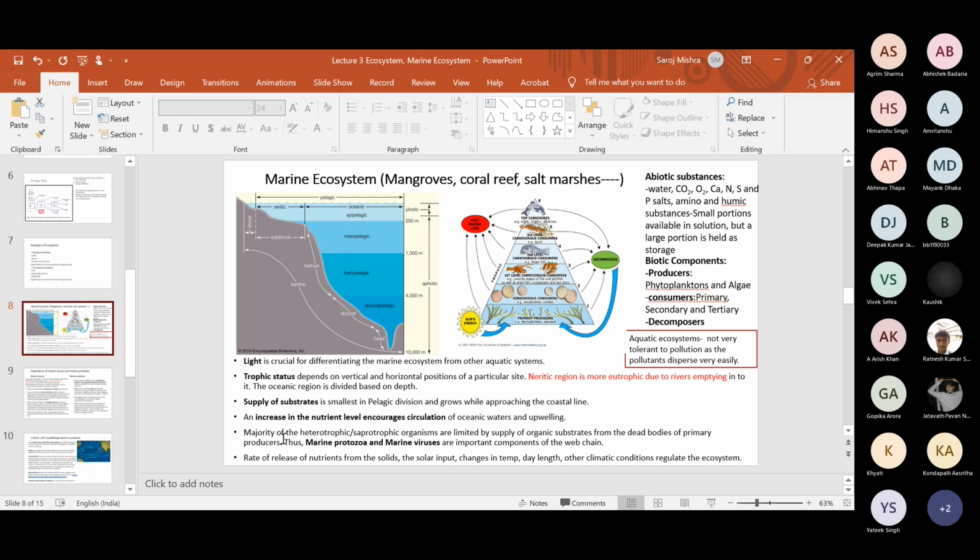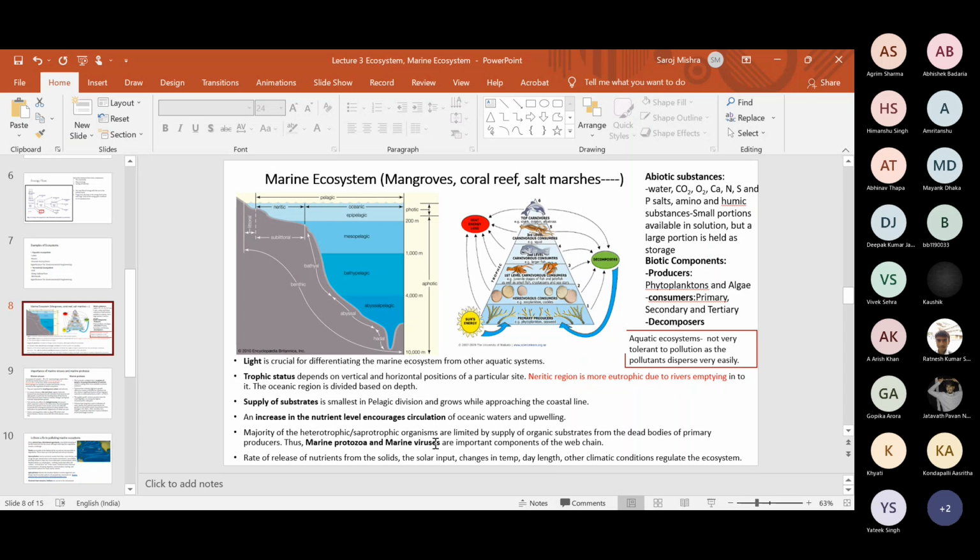So in the marine ecosystem there are protozoa and viruses, which are extremely important components of the food chain, because these viruses act on the phytoplanktons. These are bacteriophages, which enter the photosynthetic bacteria and constantly degrade them, as a result of which nutrients are constantly made available.